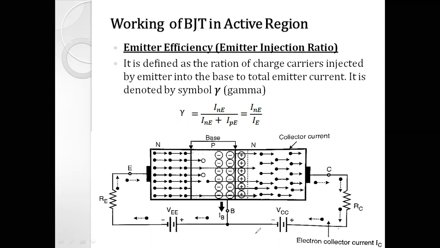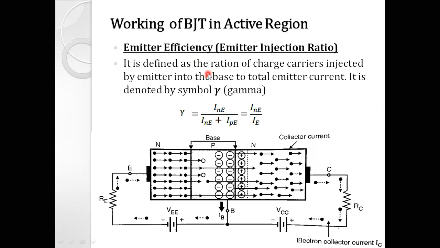Now let us understand a couple of terminologies regarding this operation. The first is the emitter efficiency. It is also termed as emitter injection ratio. What does it mean?